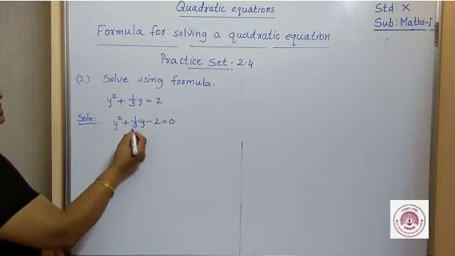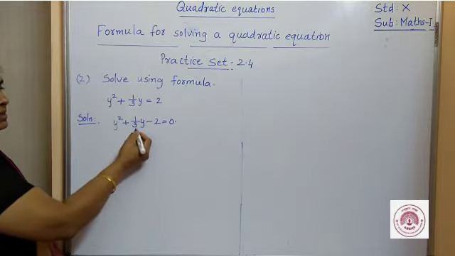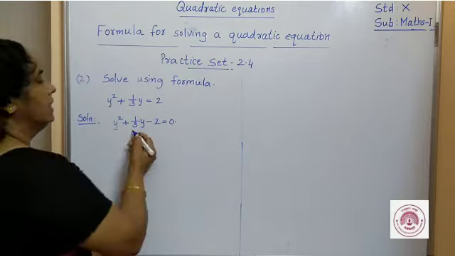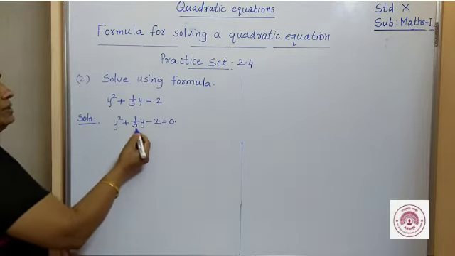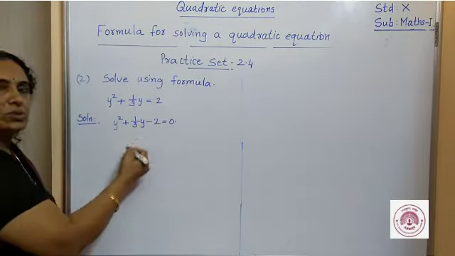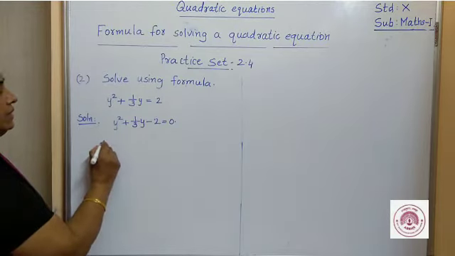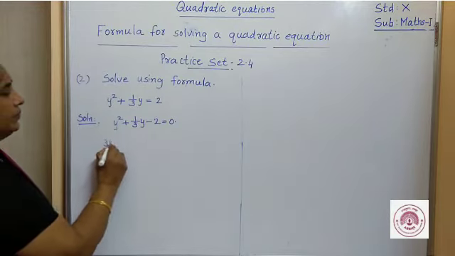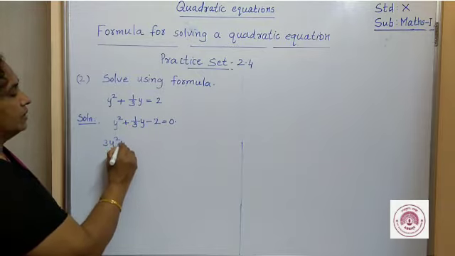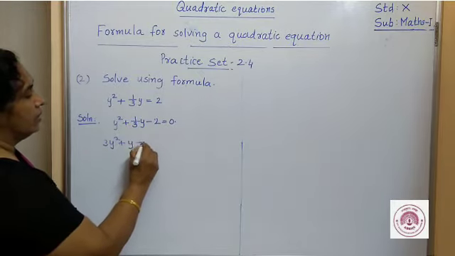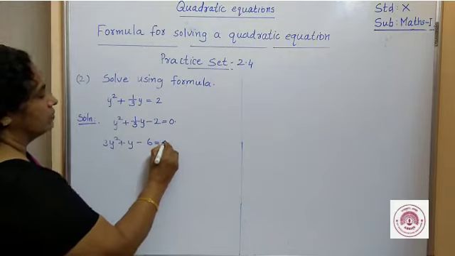Now since there is a fraction with 3 in the denominator, if we multiply this equation throughout by 3, we will get a simpler equation. That is 3y square plus y minus 6 is equal to 0.